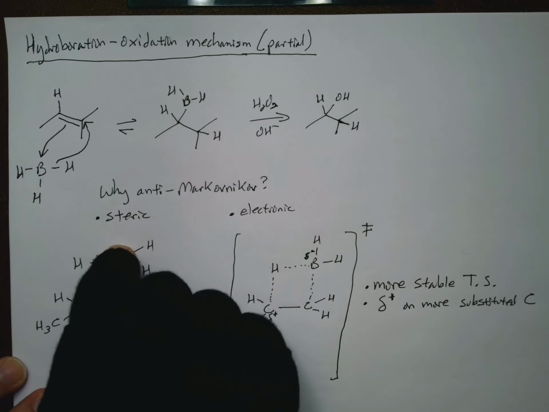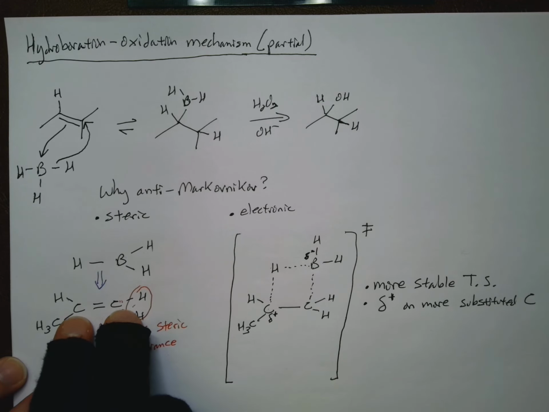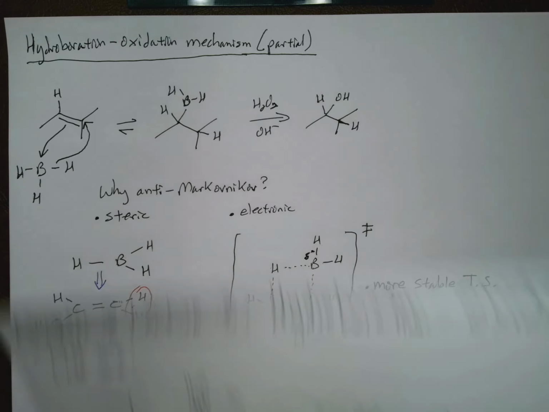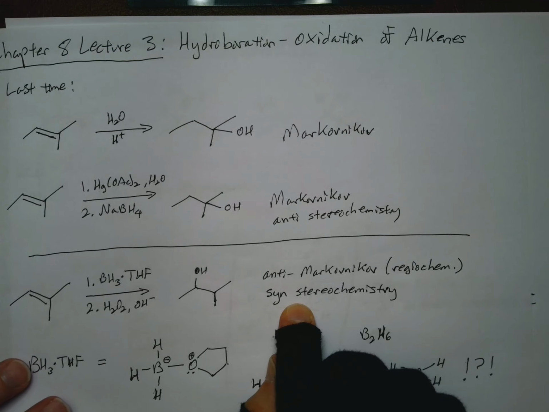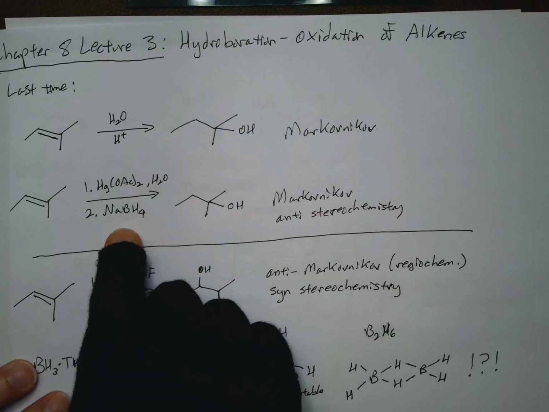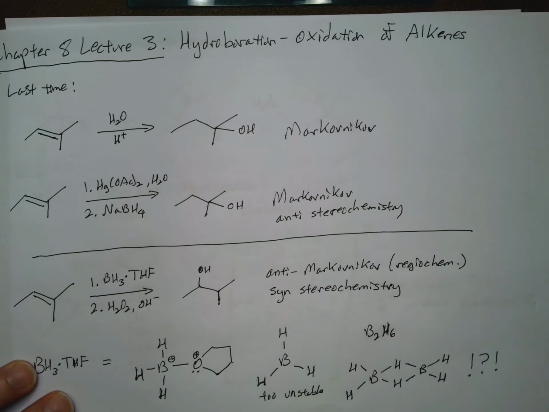The hydrogen and the boron add from the same side. So that's something important to remember. This is a syn stereochemistry, as opposed to the oxymercuration-demercuration, where we have an anti-stereochemistry.